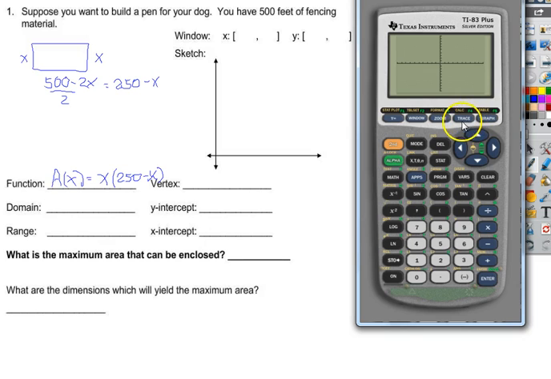The reason nothing shows up is we have not yet adjusted our window. So for our minimum value, we're going to put in 0. For our maximum value, we're going to put in 250. And then the scale, we'll make our scale, let's say 50, so we'll have 5 tick marks on our screen.